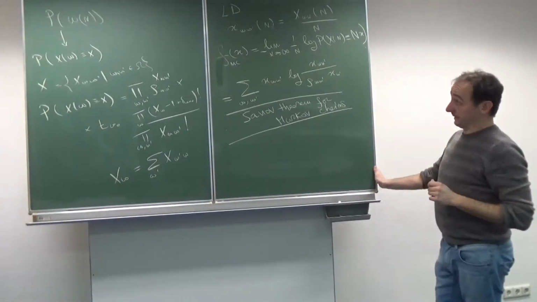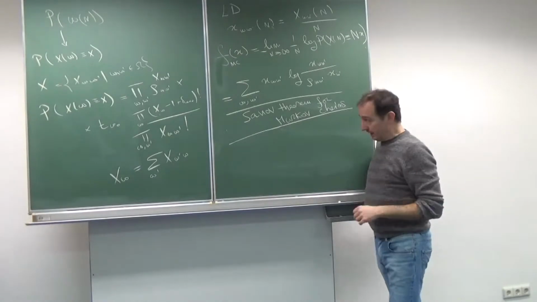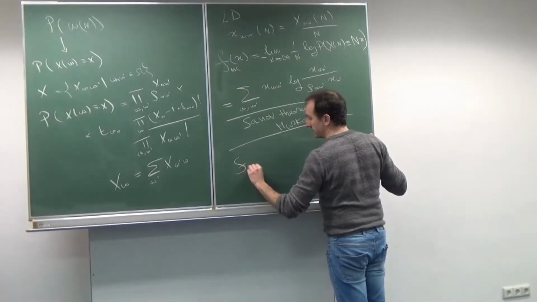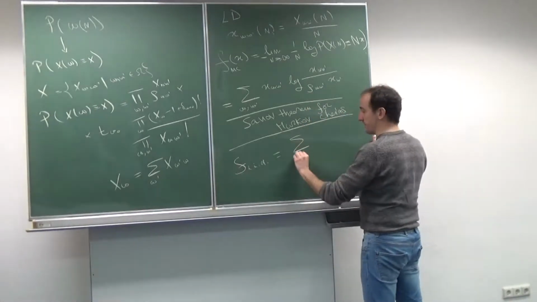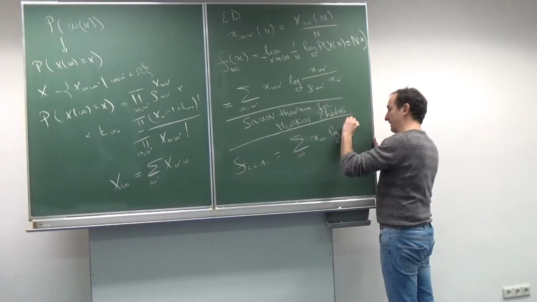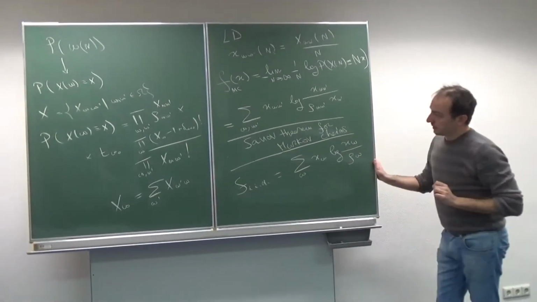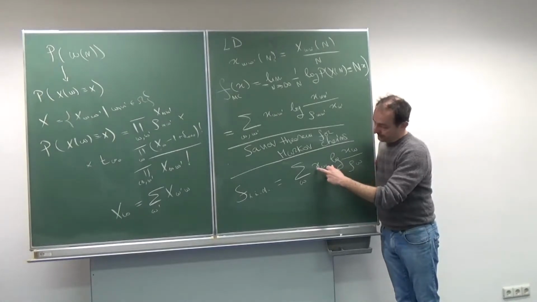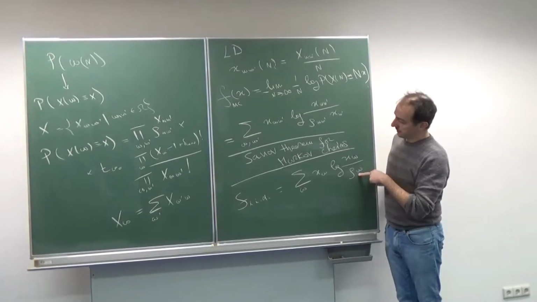Look, it is indeed very similar to the Sanov theorem for IID, but in that case we had that the rate function was the sum over omega of x omega log x omega over rho omega. So that was a relative entropy of x omega with respect to rho omega.